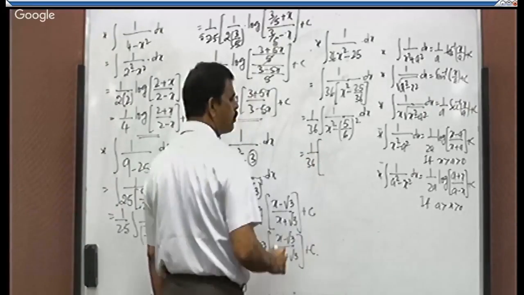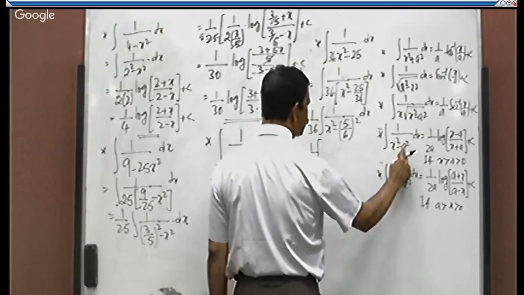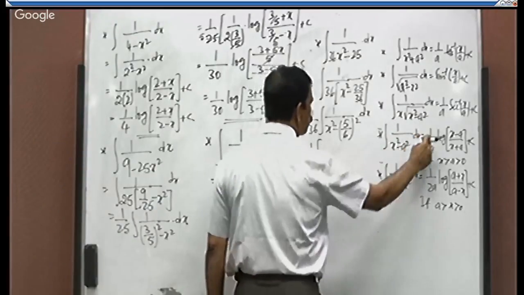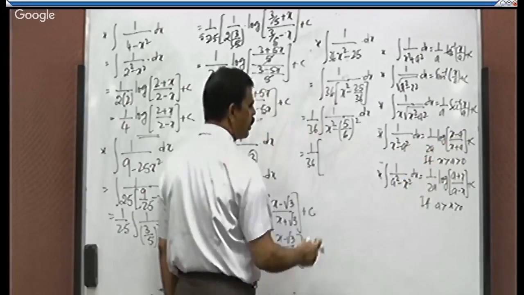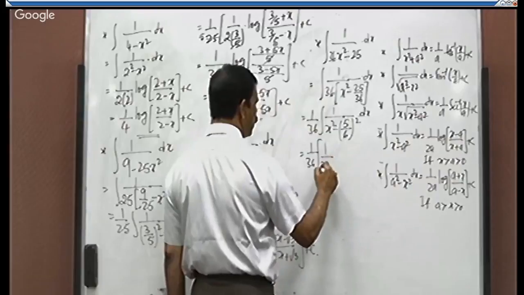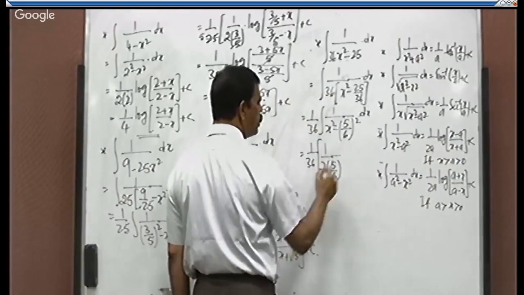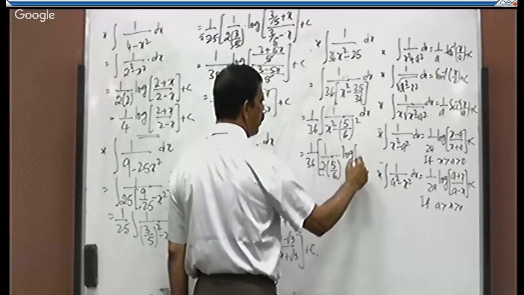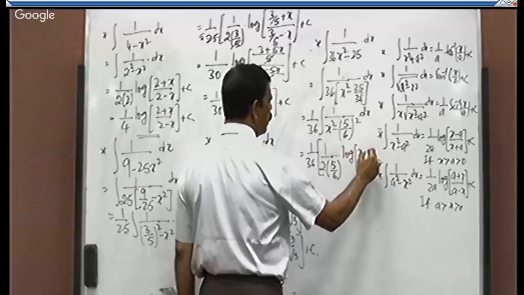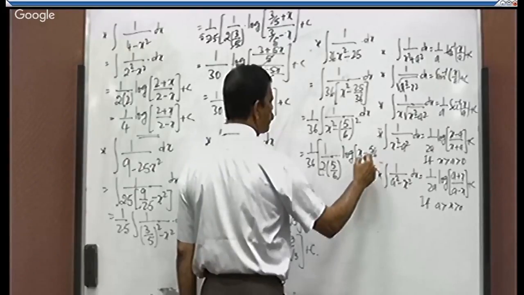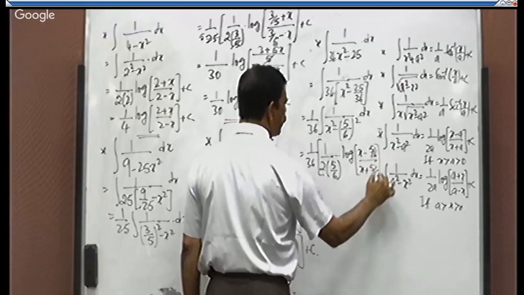Now, according to the standard form, 1 by x square minus a square dx is what? 1 by 2a into log of x minus a by x plus a. 1 by 2a, a is 5 by 6, into log of x minus 5 by 6 divided by x plus 5 by 6 plus c.